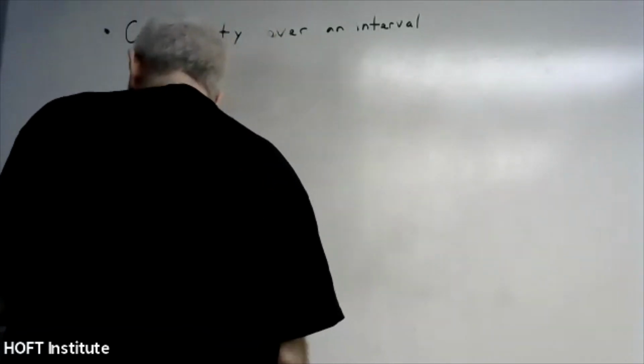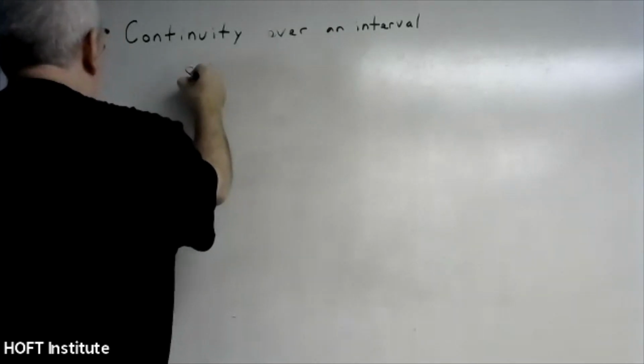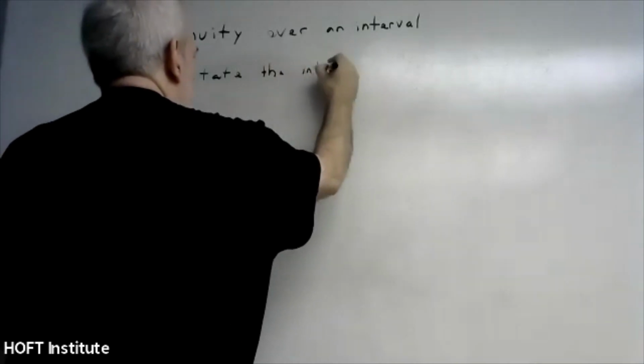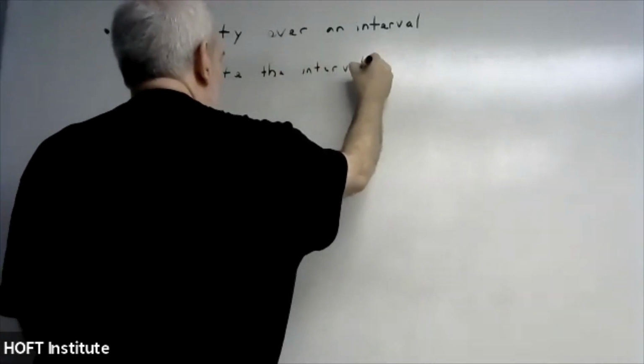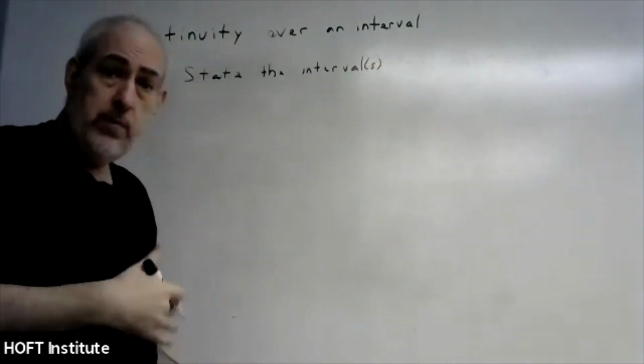A lot of times on a homework problem, they may just ask you an open-ended question such as state the interval or intervals. There may only be one interval, there may be multiple intervals.